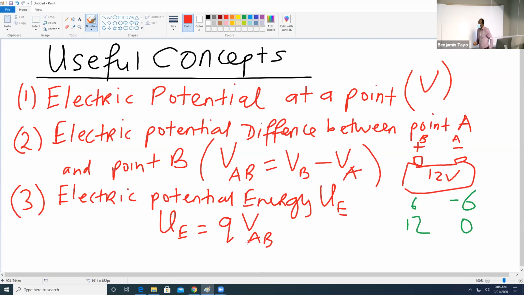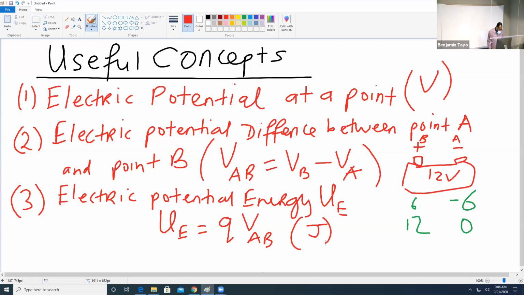As I said last class, VAB is going to be joule per coulomb. So if you take joule per coulomb and multiply by coulomb, you get something that is an energy. So electric potential energy is going to be in joules.